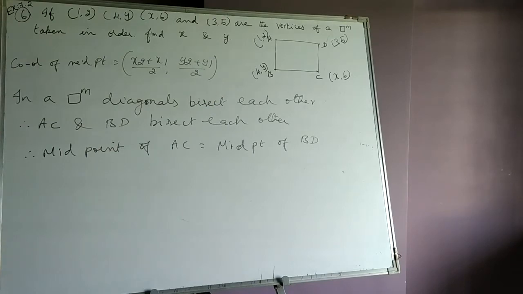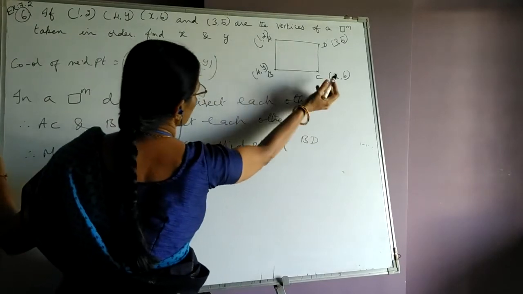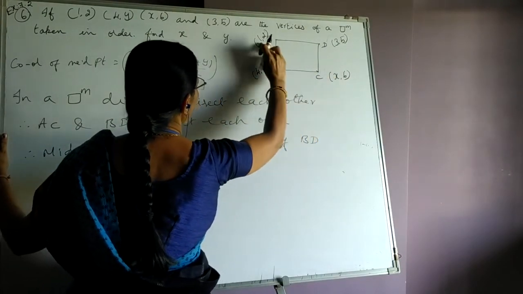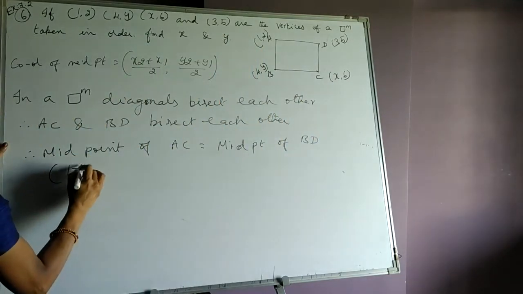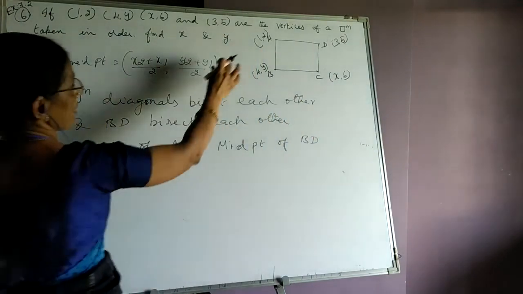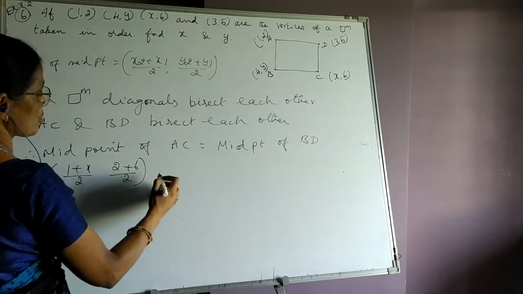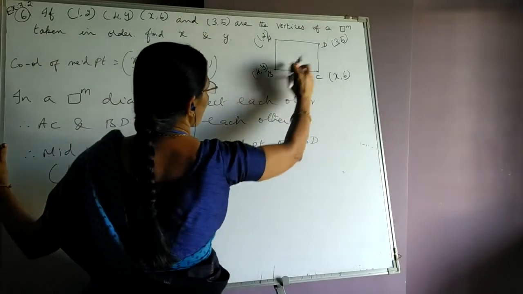So here we have AC. So what is midpoint of AC? This is x1, y1, x2, y2. Sum of the x coordinates divided by 2. 1 plus x upon 2 and then 2 plus 6 upon 2, which is equal to midpoint of BD.